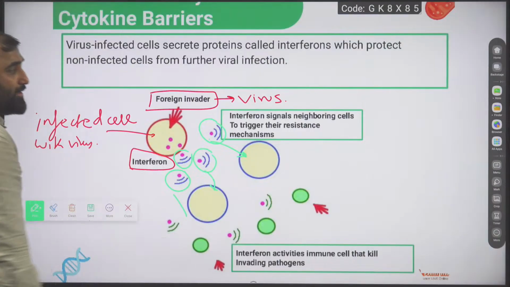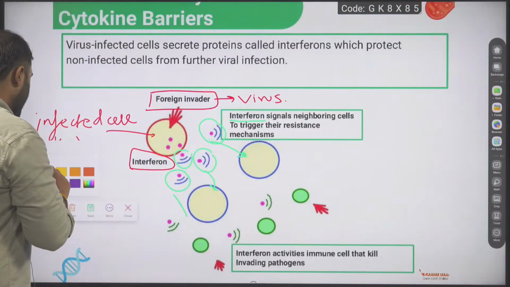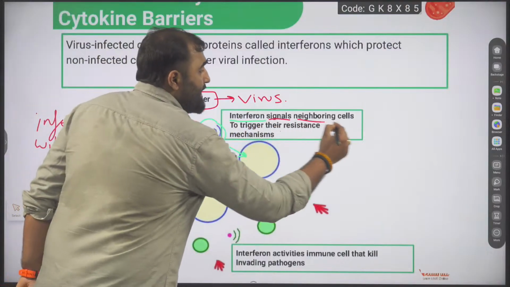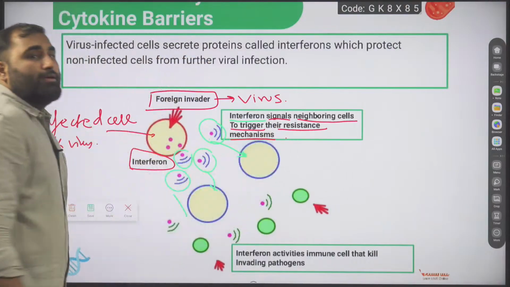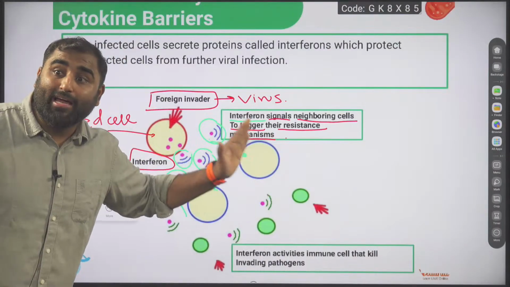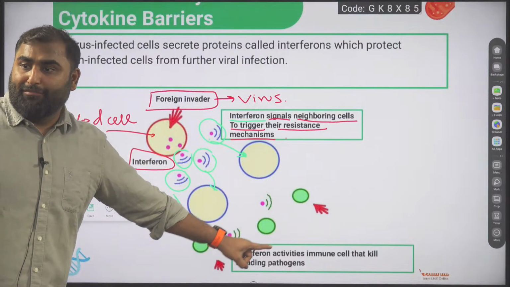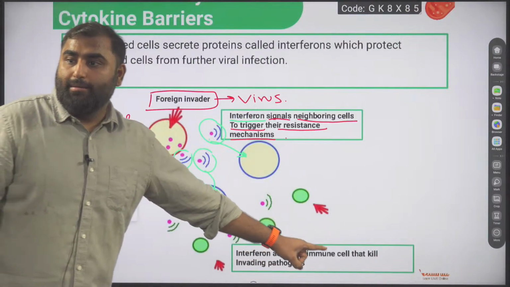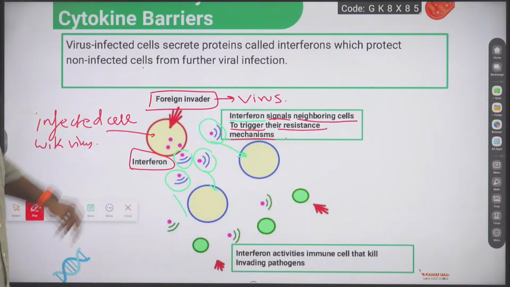The interferon chemical will signal the neighboring cells to trigger their resistance mechanism. So these cells will resist the virus. They will not allow the virus to infect them. They will stop them. Am I clear, guys? So read the line here, what is written?